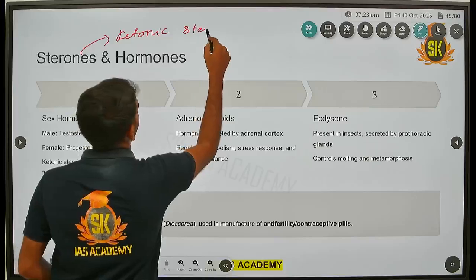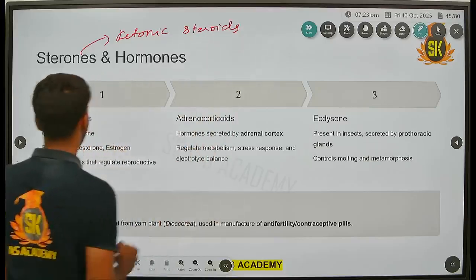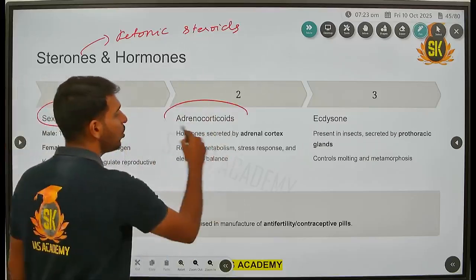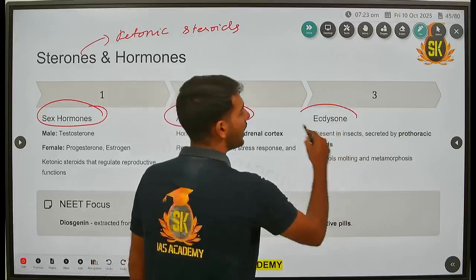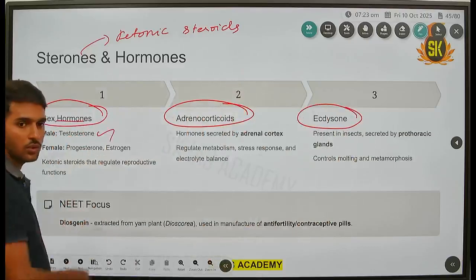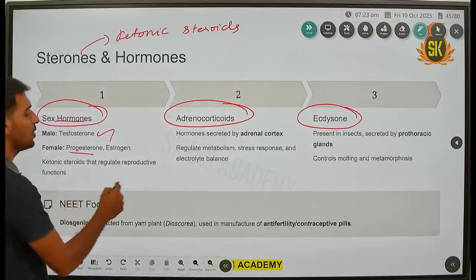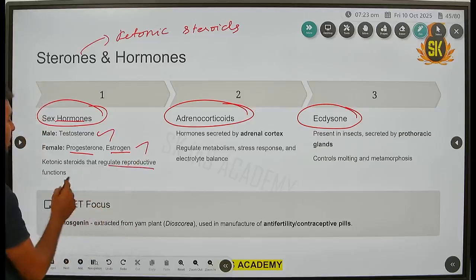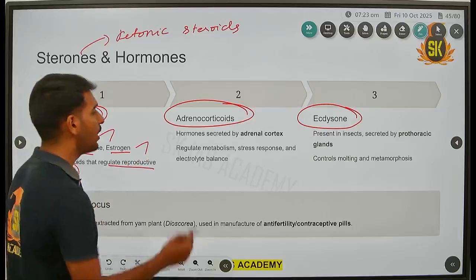Okay, ketonic steroids. Just to revise, it consists of sex hormones, adrenocorticoids, ecdysone. Sex hormones: male sex hormone testosterone, female progesterone as well as estrogen. They regulate the reproductive functions.